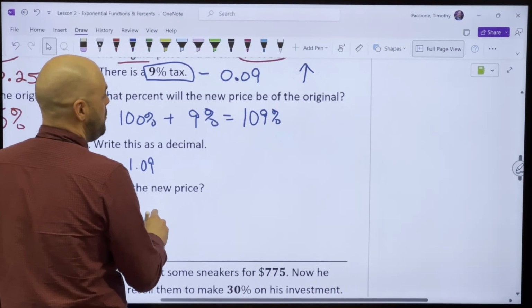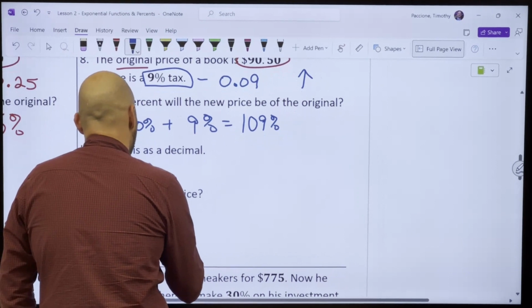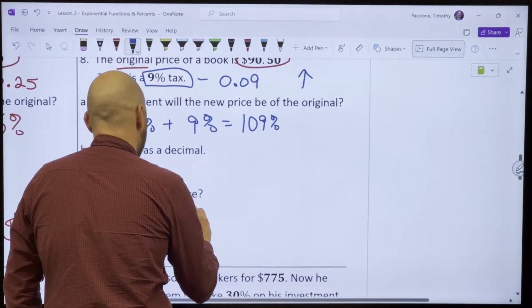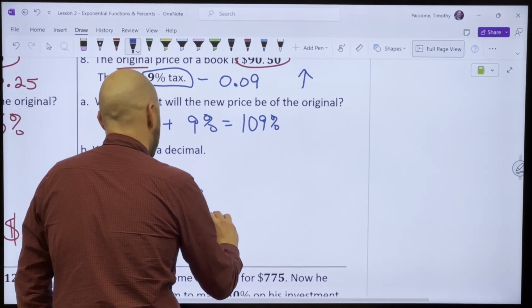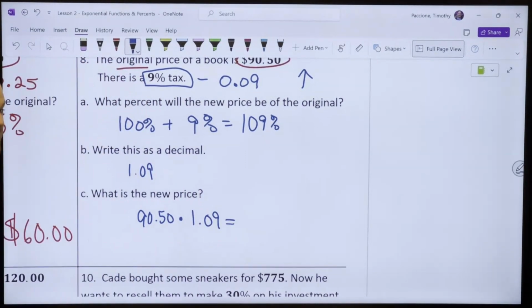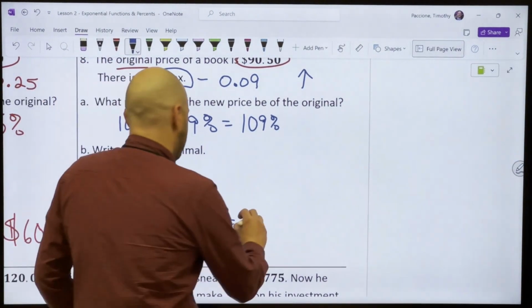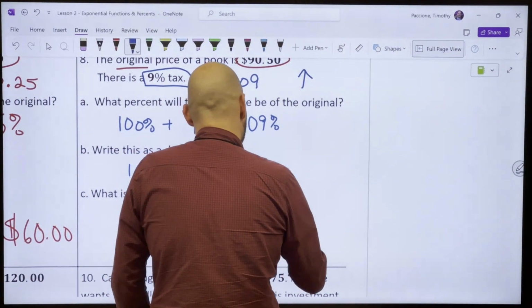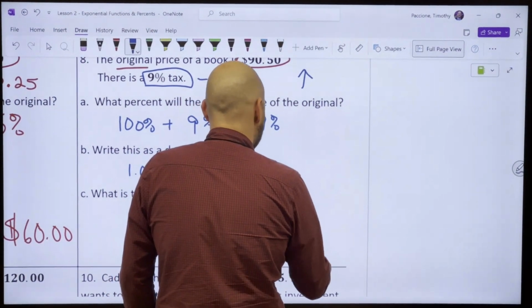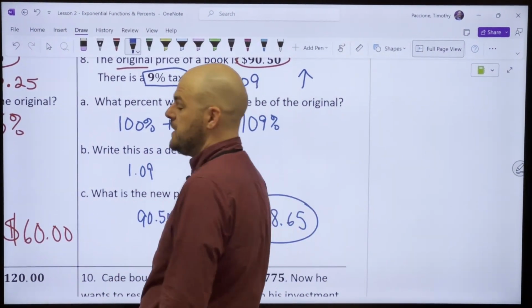So the new price will be 90.50 times 1.09, which is 98.65. And there's a sense check, which some of you did.